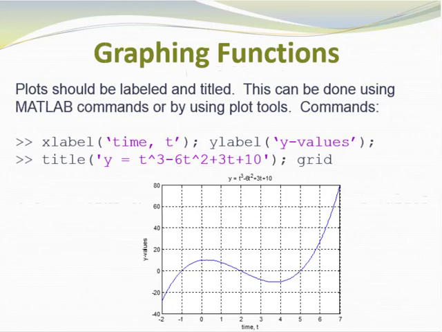So I have in single quotes time comma t, and that will appear as my x label. How do I label the y-axis? ylabel. How do I add a title? title. And in each of those commands, I simply put a string inside the parentheses describing what I want to appear where. If you want to add a grid to your plot, very easy, the command is grid.